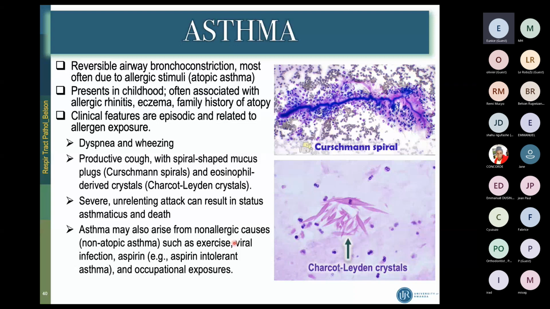Asthma may also arise from non-allergic causes such as exercise, viral infection, aspirin intolerant asthma, nyabarano twabigezeho mbere, hari abayigira, and occupational exposure, umuntu ukora ahantu hari dust, ukora mu ruganda rwa sima and so on, ashobora kugira ikintu cyemeze asthma which is not atopic.